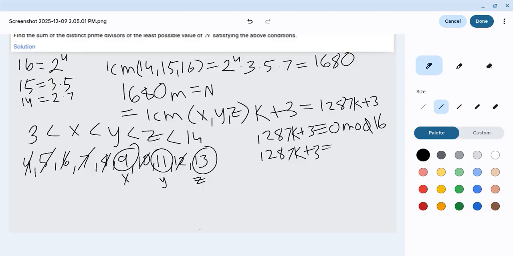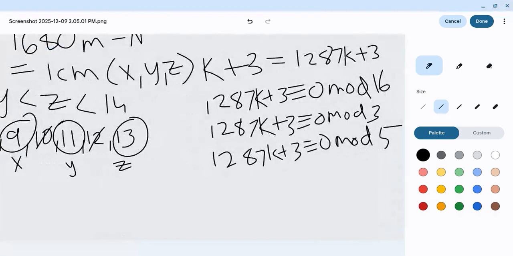It's also 0 mod 3. It's also 0 mod 5, and then 0 mod 7.